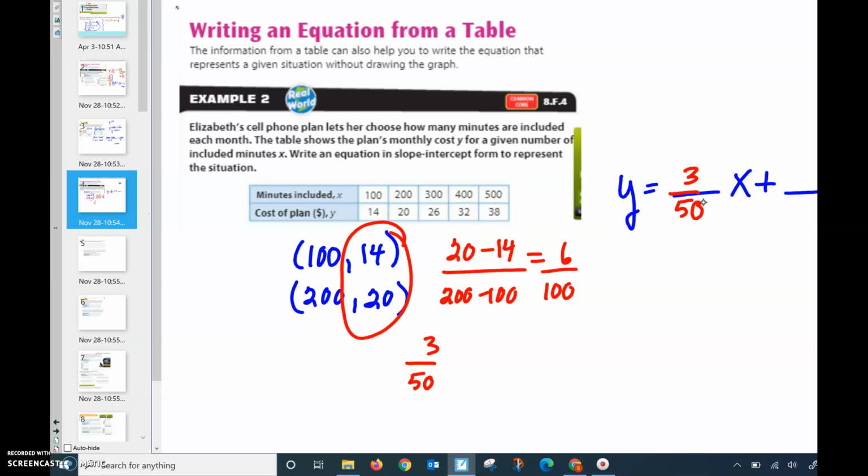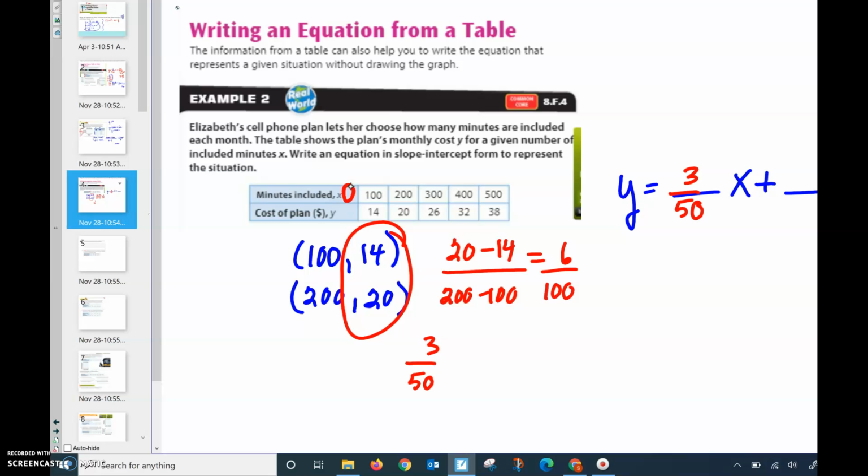Okay, now I need to find my y-intercept. And in this table right here, what we can do is we can keep going 500, 400, 300, 200, 100. There's definitely a pattern. So if we now subtract 100, this next number right here is going to be 0. And remember, if that x value is 0, then we're going to be able to find our y-intercept.